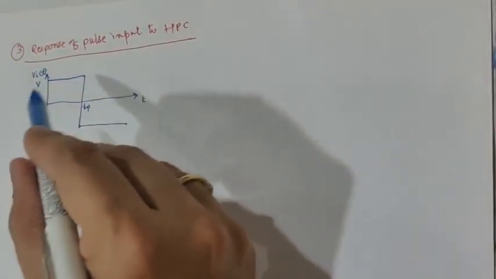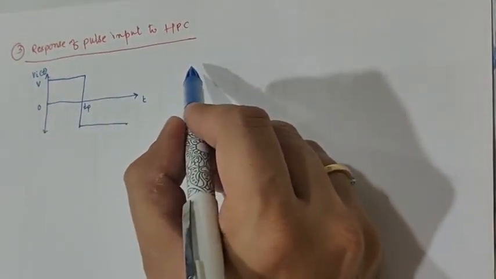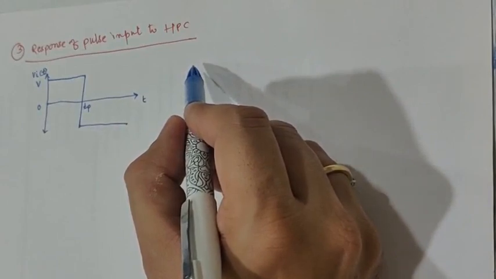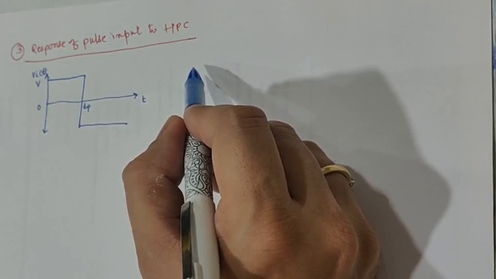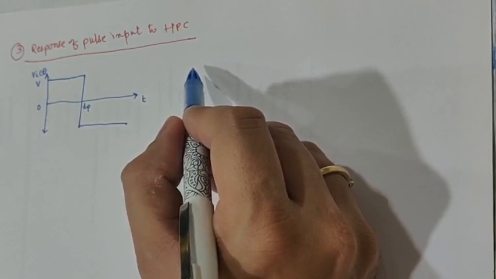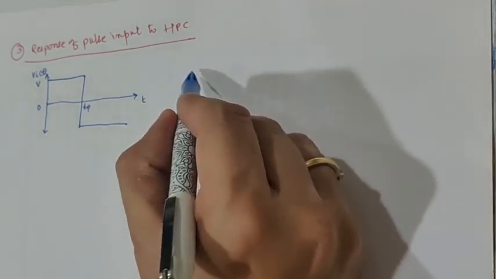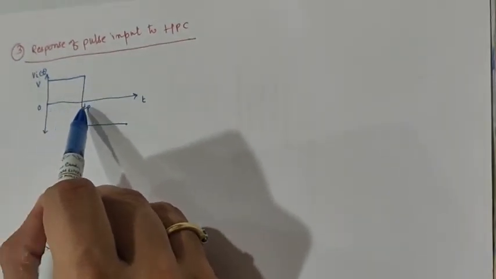Remember, from the diagram we can say that a pulse waveform is nothing but a sum of step voltages. The response of a step signal we have already seen. It is the sum of a step voltage of amplitude plus V volts for t equal to 0 to t equal to tp.